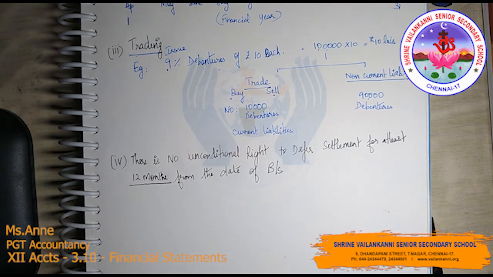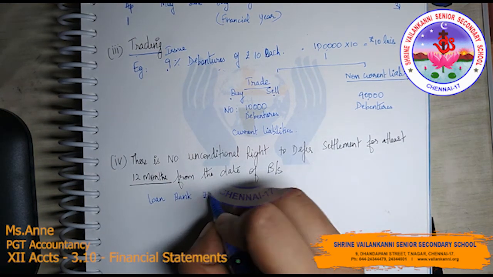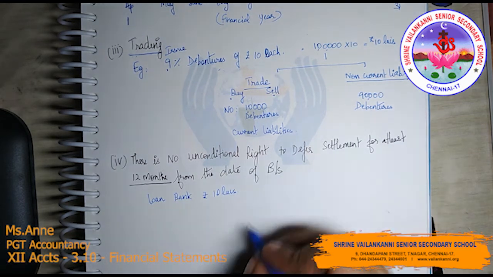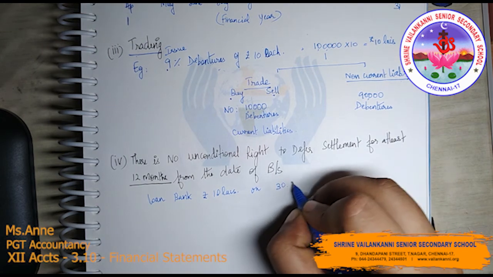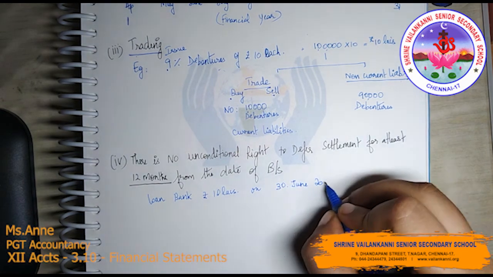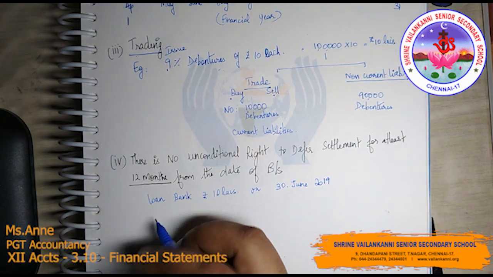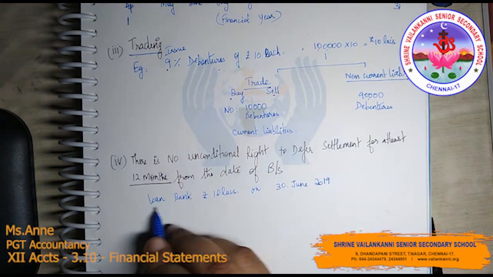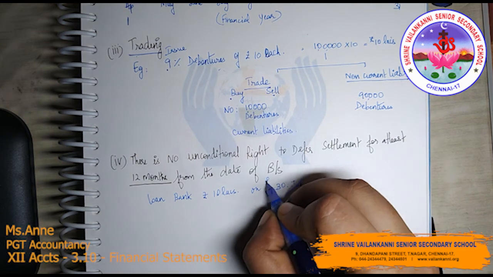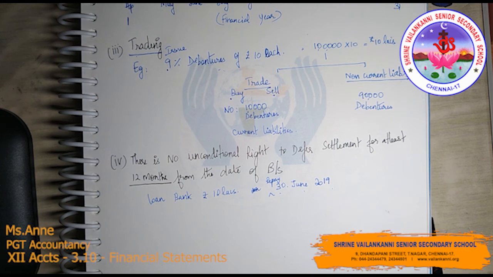Suppose you have taken a loan from a bank, and you need to repay rupees 10 lakhs on 30th June 2019.